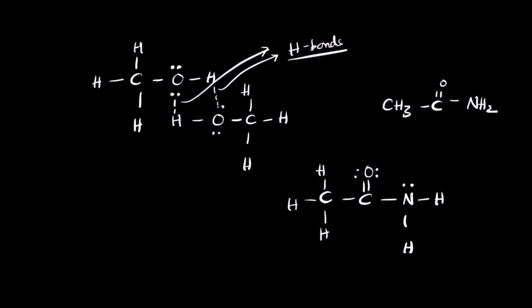Notice that there is no hydrogen bonded to this oxygen, so there is no hydrogen bond here. The only hydrogen bond present here would be with this nitrogen and these two hydrogens. So these two hydrogens will bond with another similar molecule.